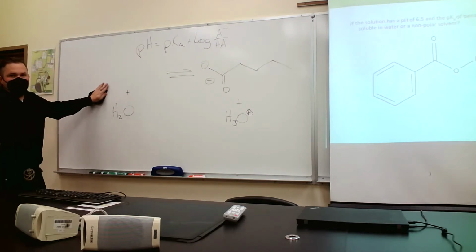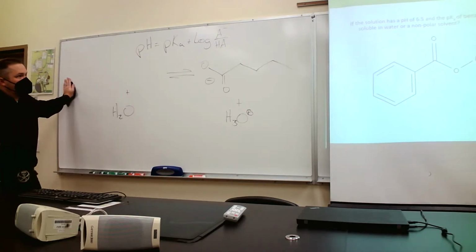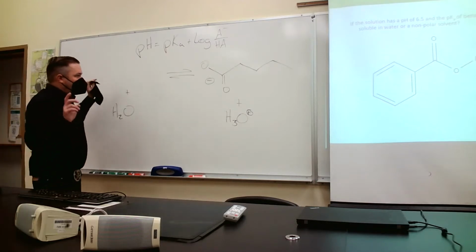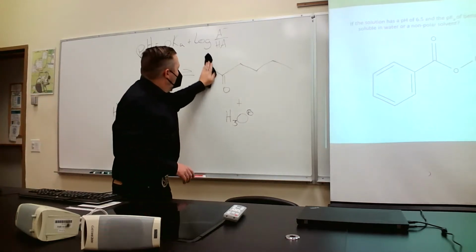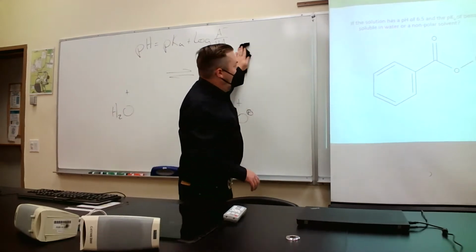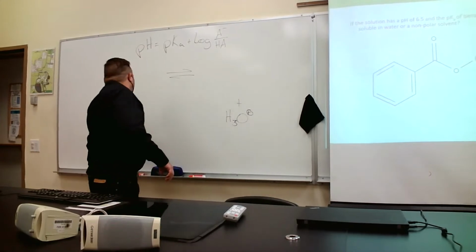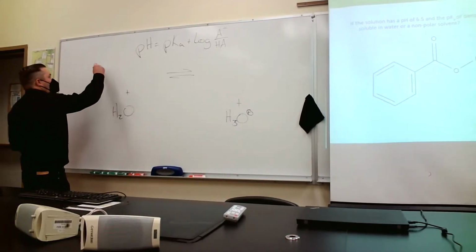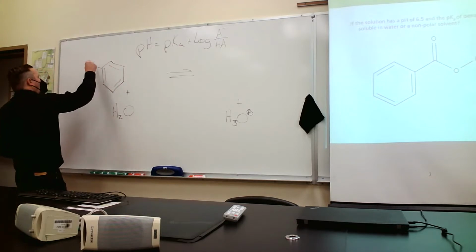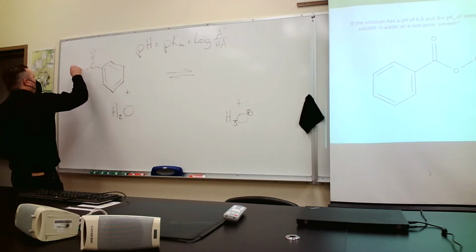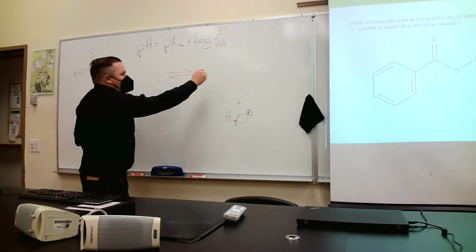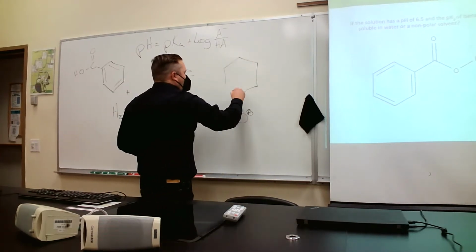It would be water because the ionized form is more prevalent, the conjugate base is. Yeah, exactly. And it would be polar, so water. So our choices are the protonated form, which is neutral, or the deprotonated form, which has a charge.